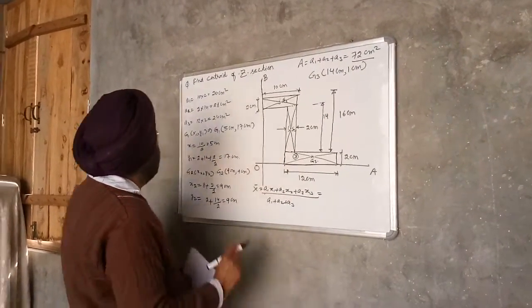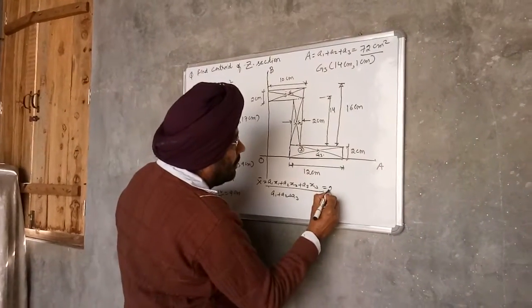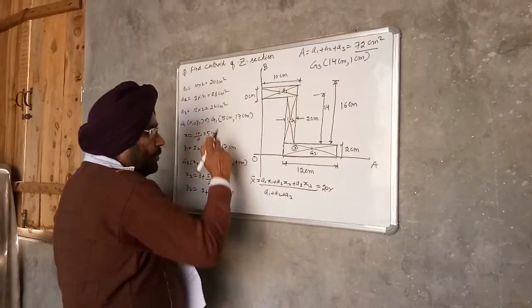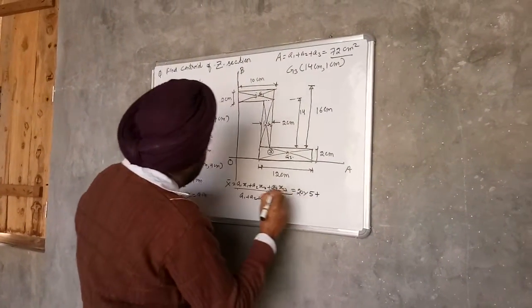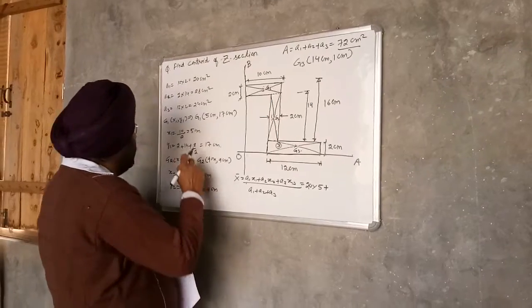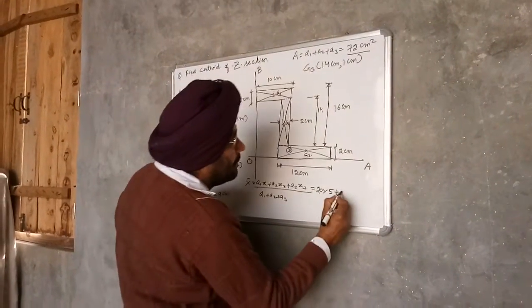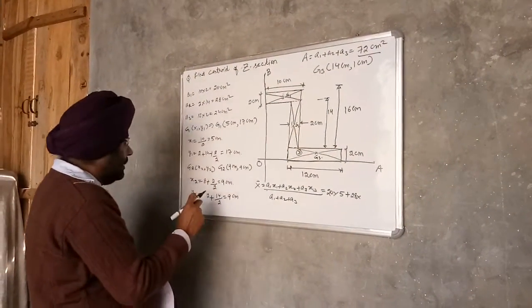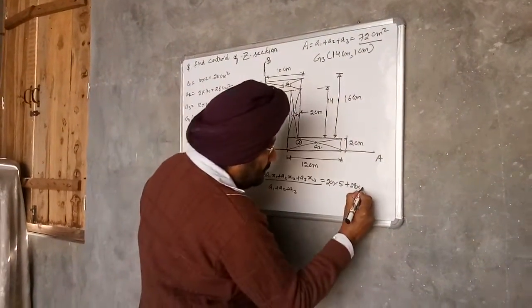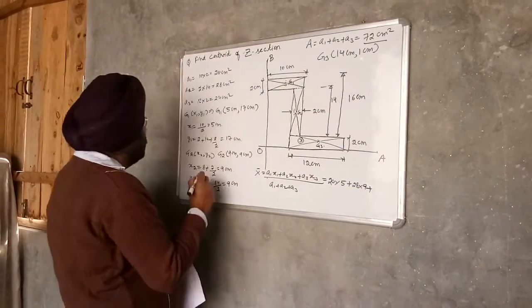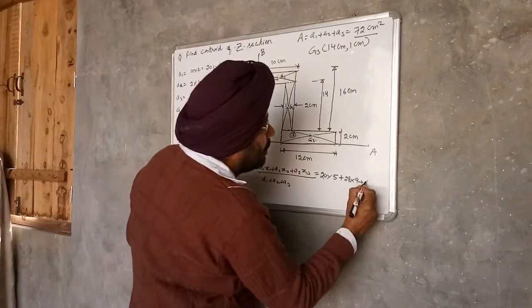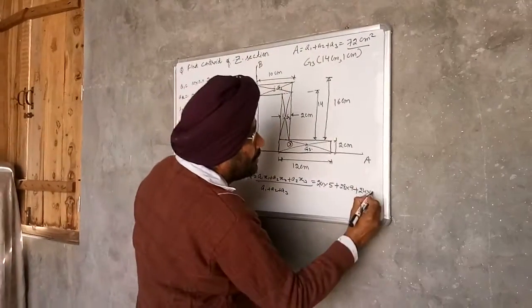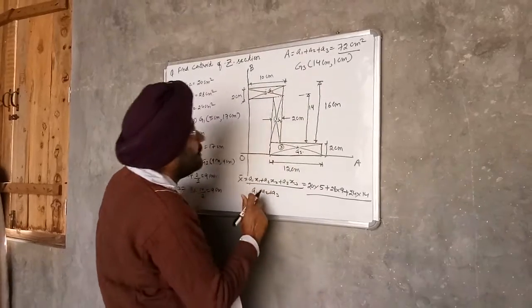So a1 is 20 into x1. So x1 is 5, plus a2. a2 is 28 into x2. x2 is 9, plus a3. So a3 is 24 into x3. x3 is 14, upon a1 plus a2 plus a3.